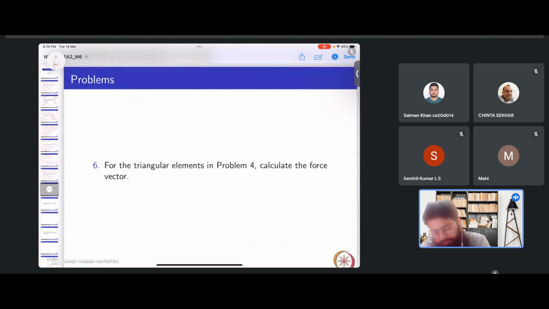Again, first of all, we need to write the equation for the force vector. Can someone tell me what is this integral here?